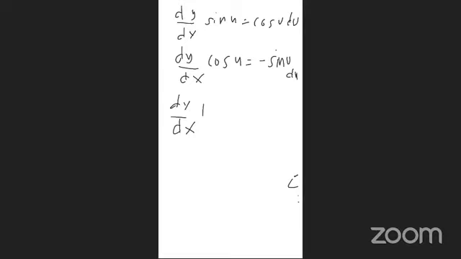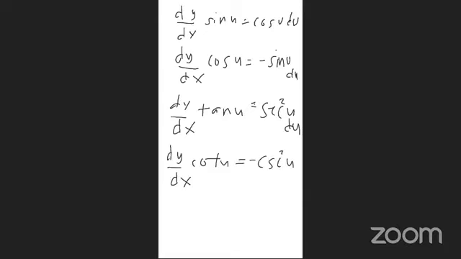Then the derivative of tan u is equal to sec squared u du. Then next is the derivative of cot u, which is equal to negative CSC squared u du.